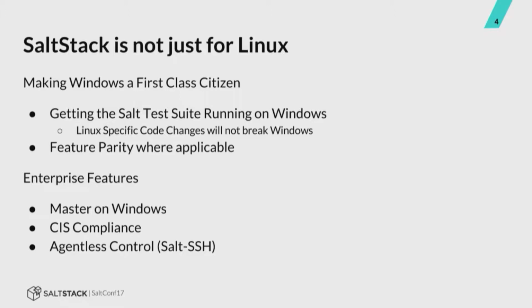With this 2017.7 release and moving forward, we're really focusing on trying to get Windows to be a first-class citizen. It's very actively supported, but we haven't been able to get tests running. So we finally got those running now. That's why I haven't been able to do a lot of feature releases for Windows in this release, because we've been focused on getting our tests running.